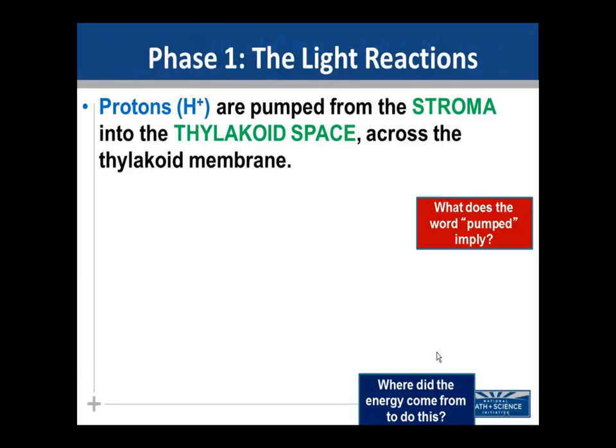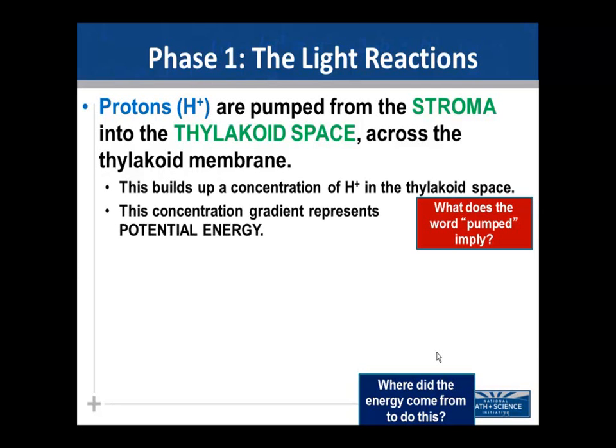And so the energy that the electron lost moving down the electron transport chain was used to pump the protons across the thylakoid membrane. That's going to build up for us a concentration of hydrogen ions in the thylakoid space. And I'm going to show you a picture of this in just a moment. Okay? And that concentration gradient is going to represent potential energy. Where you have a difference in concentrations on either side of the membrane, you have potential energy.